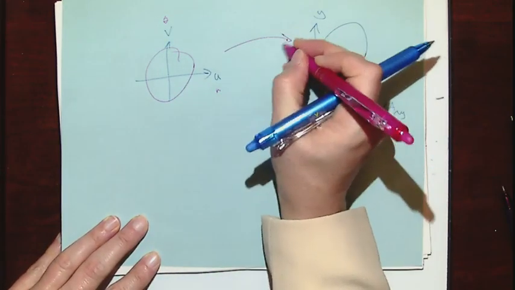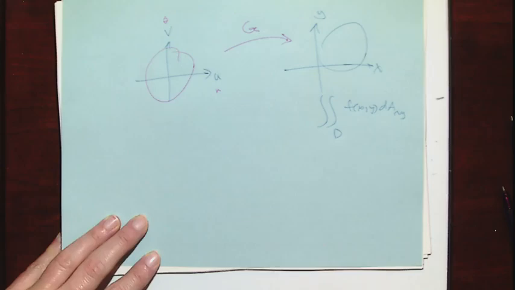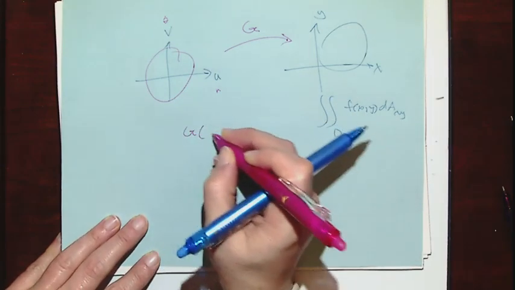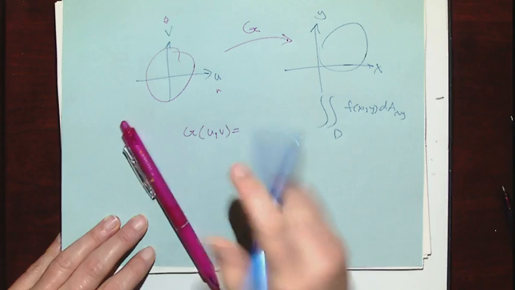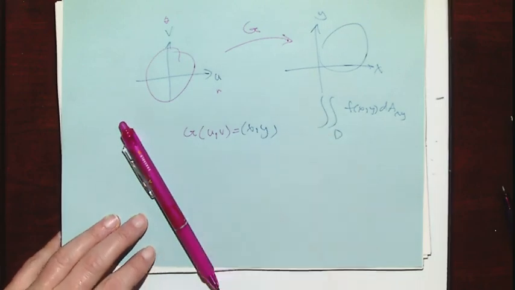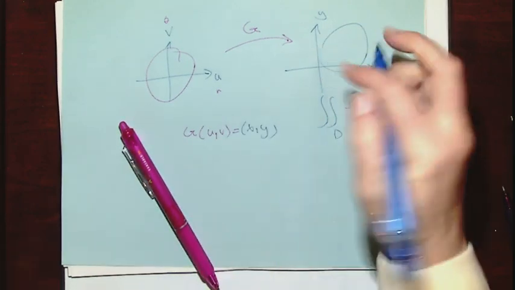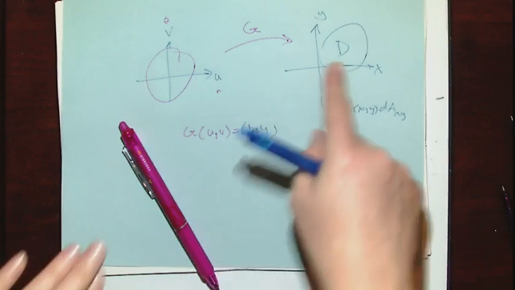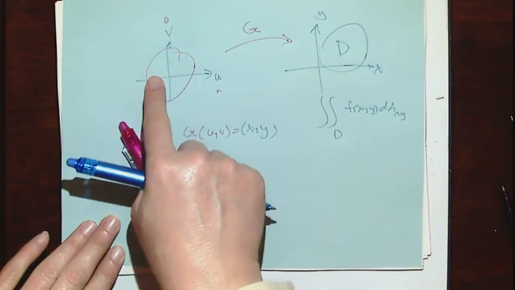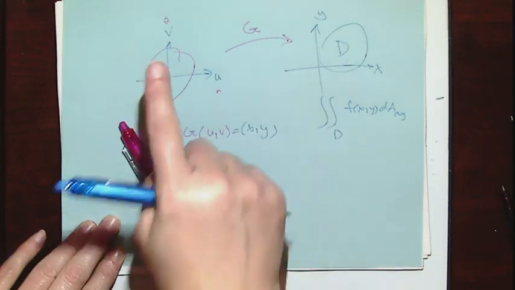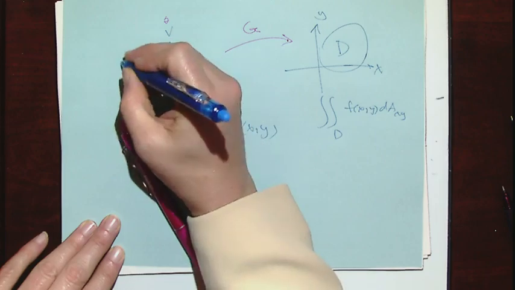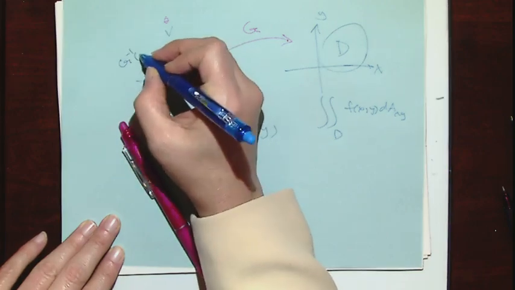And we call this relationship G, as I told you over there. G of u and v will give you x and y. And if this is D, there was a region that gave me D. This region is going to be called G inverse of D.